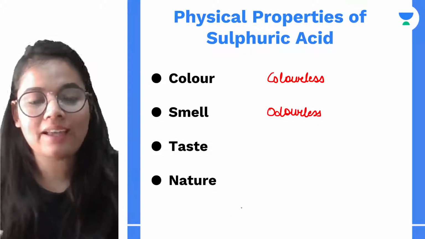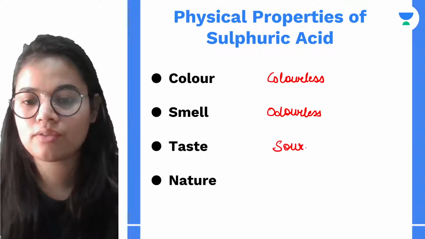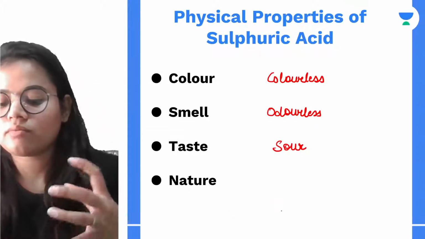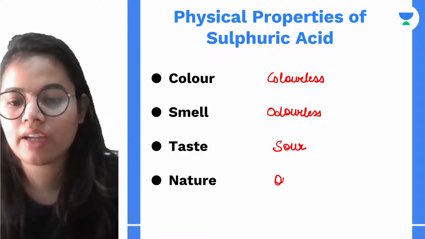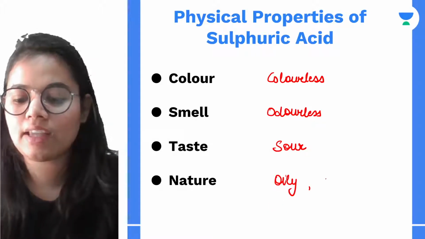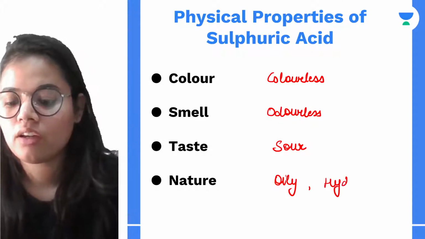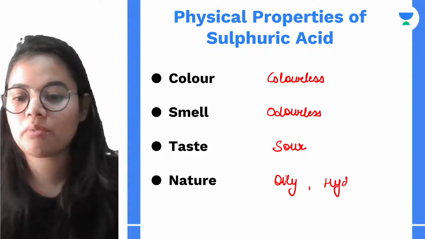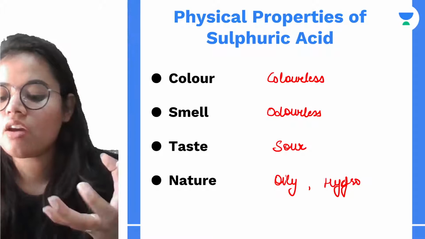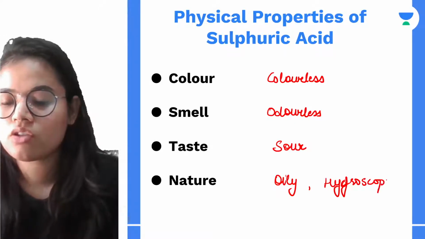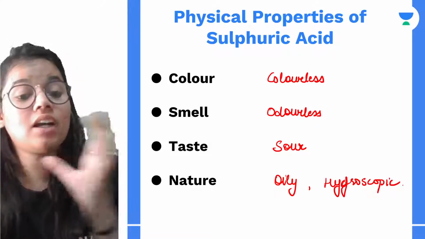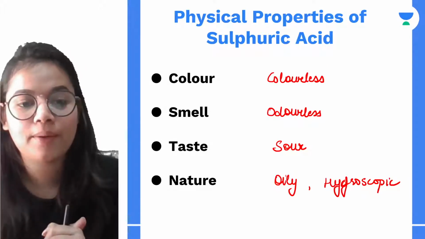Taste, since it is acid, it will have a sour taste. And nature, it is oily and it has a hygroscopic nature. Hygroscopic means it absorbs moisture. So we should always cover it and store it.